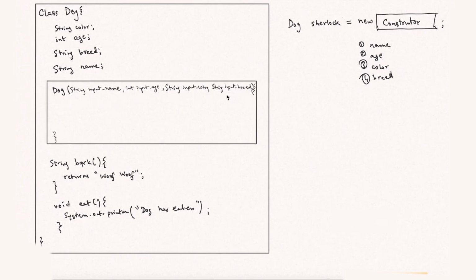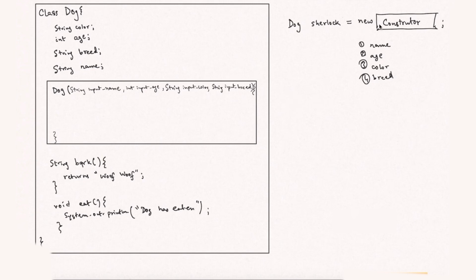And that becomes our constructor, right? So our constructor has the same name as the class. It starts with a capital letter, it starts with an uppercase letter, and it has inputs which we will use to create a new dog object. Great. So before looking at this, let's actually see what the statement would be to create this dog object.